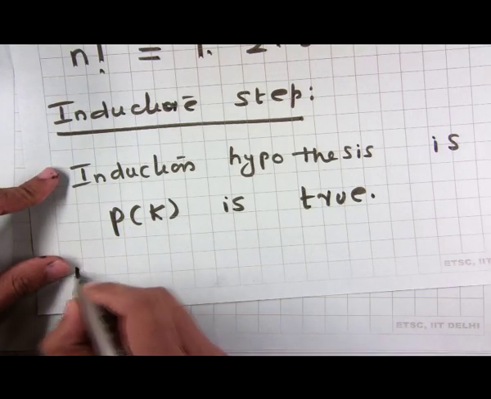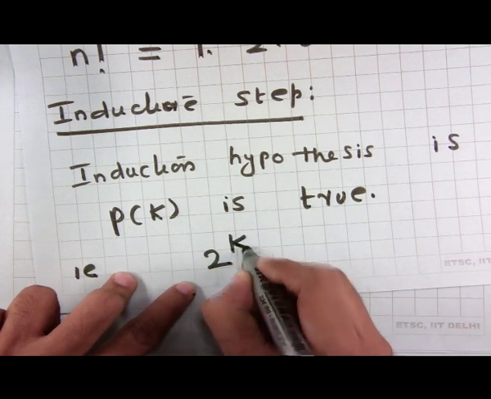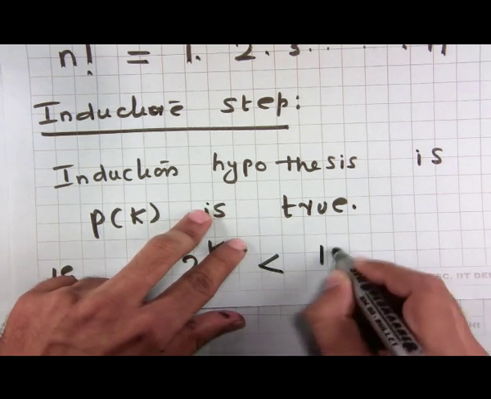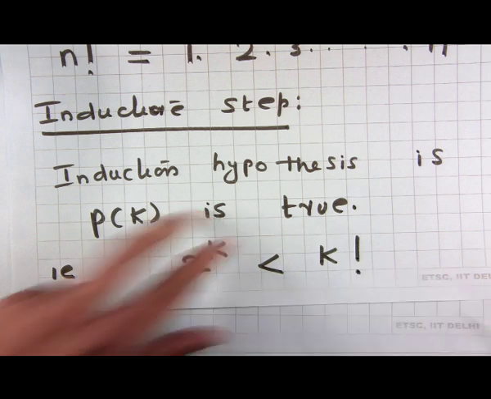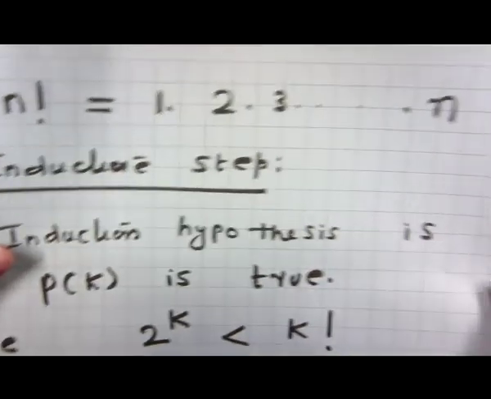That is, we assume 2 power k is less than k factorial, where k is an integer greater than or equal to 4.